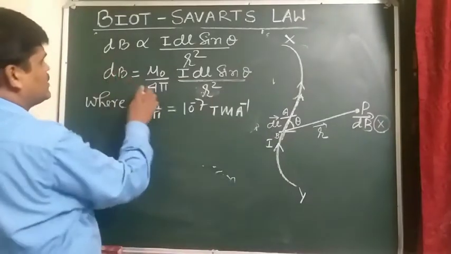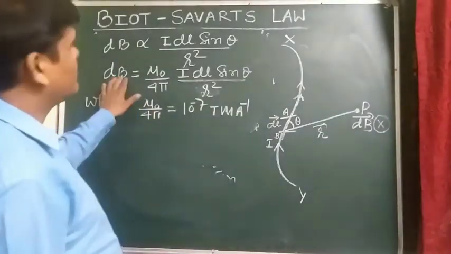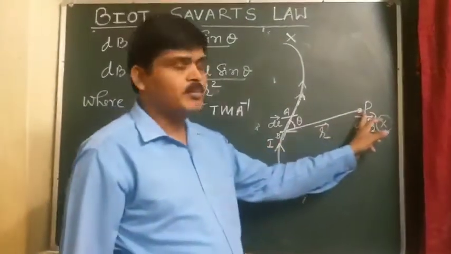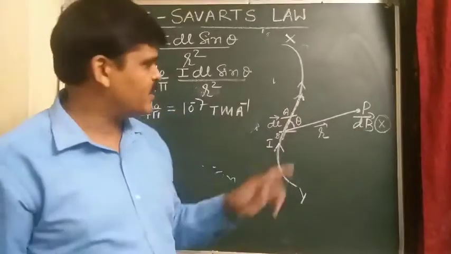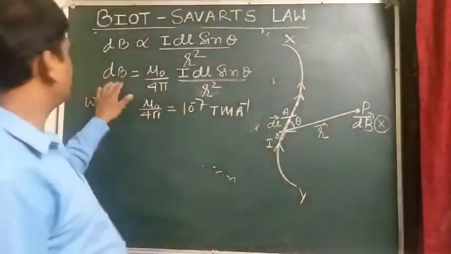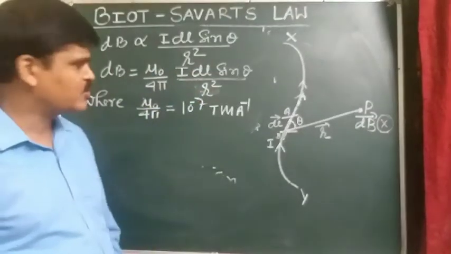So this is the formula of magnetic field at any point P due to current element dl vector: dB equal to mu naught by 4 pi I dl sin theta by r square.